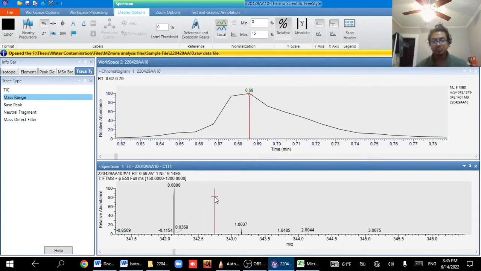So our 342.1389, this is our original m/z value, and this mass contains 13 carbons. This is the way you can find how many carbons are in that peak.